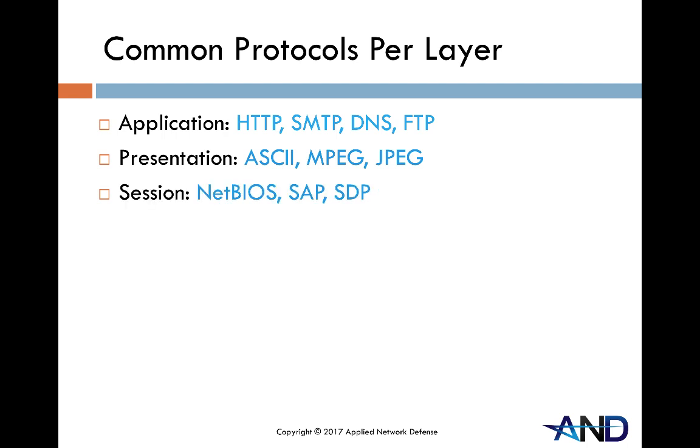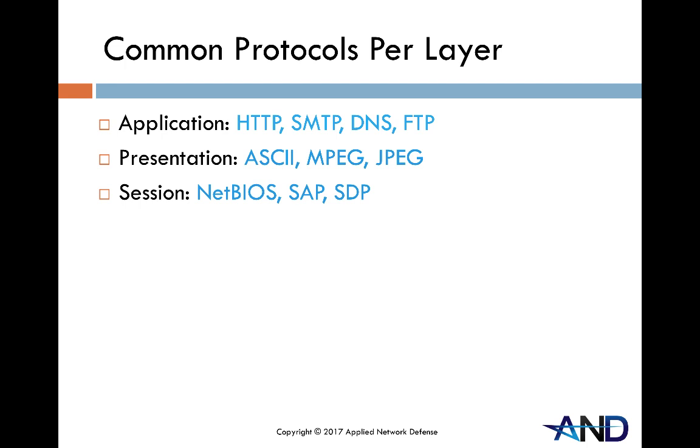Next is the session layer, which is one of the more ambiguous layers because it handles a couple functions that can also be handled elsewhere. It's responsible for handling the dialogue between hosts. So this includes things like ensuring a connection stays alive, authentication, authorization, some of those things. Granted, you'll notice some of the protocols I've listed here, NetBIOS, SAP, SDP, they're not things you see as much of.